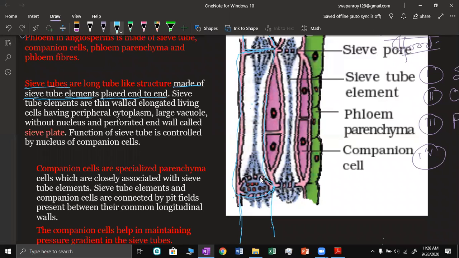There are holes, and this end wall with pores is known as the sieve plate. Here it shows the sieve pores. These are small holes, and this whole plate is known as the sieve plate.